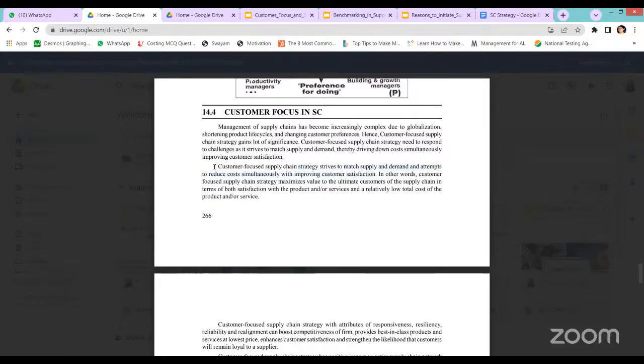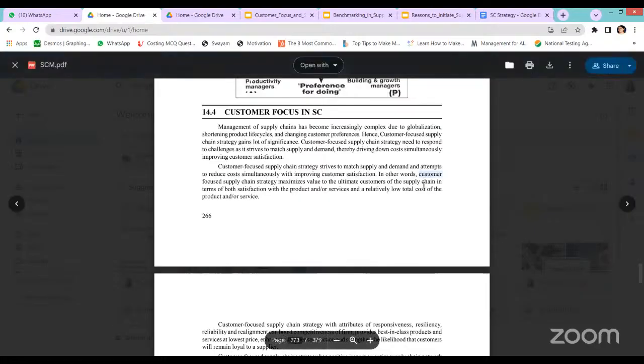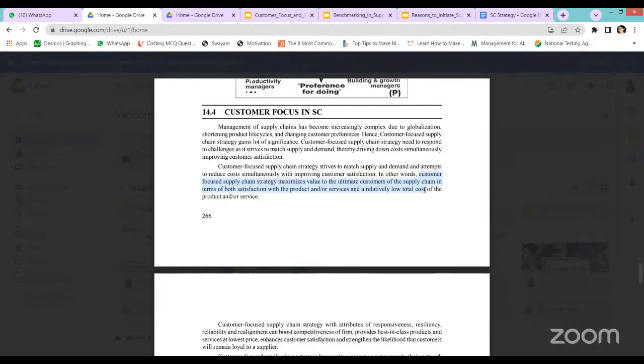So a customer focused supply chain strategy involves matching supply and demand requirements, along with reducing the cost and improving customer satisfaction. It maximizes the value to the ultimate customers of the supply chain in terms of both satisfaction with regard to the quality of the product or service, and providing low cost.